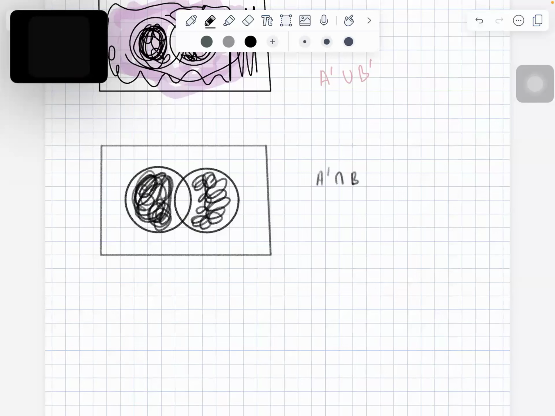We were thinking A complement intersection B, and that's one bit of it. There are two parts. Yes. Oh, okay. Let me try again then. Because I was thinking about it, but I thought, no, I don't think so. No, no, you're thinking on the right grounds. Okay, wait, let me try that.